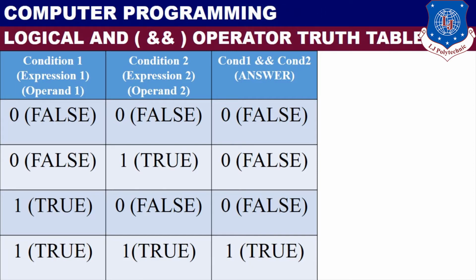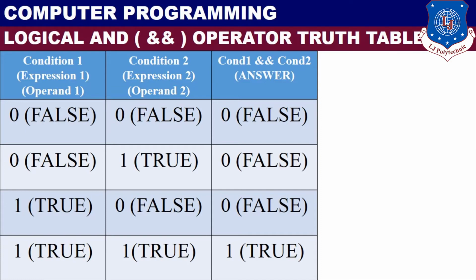If one of them is false, the answer is going to be false. But if both conditions or both expressions are true, then the answer will be true. So in logical AND, both conditions must be true, otherwise your answer will be false.